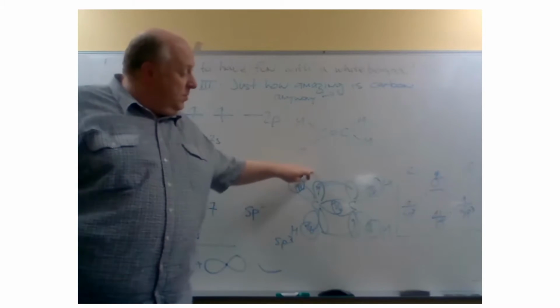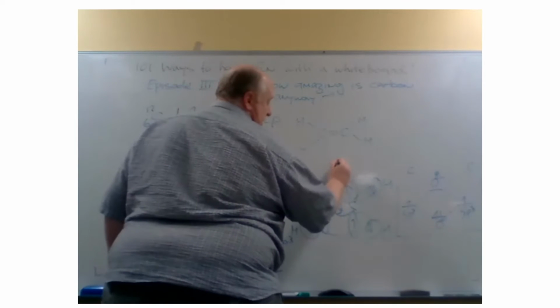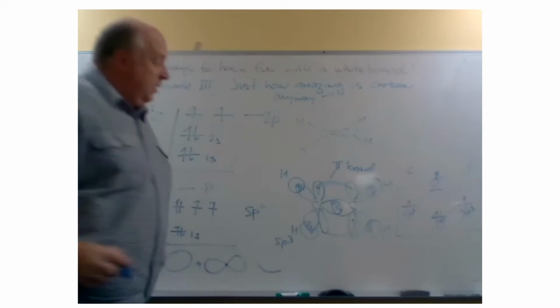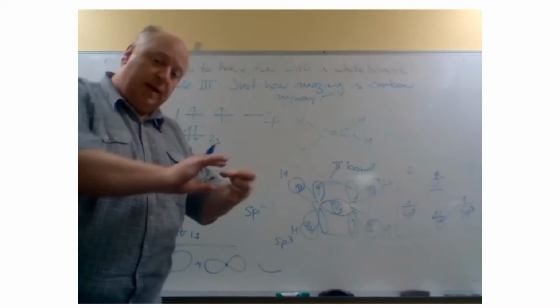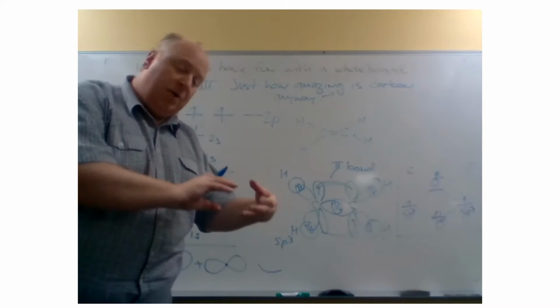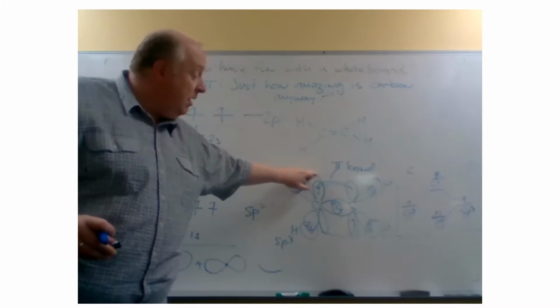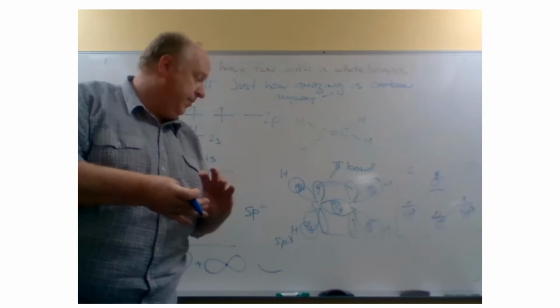But what we find is it forms a new type of interaction or bond called a pi bond. Okay, and so now we see we have a bond between the 2 carbons which doesn't stop rotation. But if I try to rotate around now, I've got this interaction which I'd have to break, and hence the double bond doesn't have free rotation.